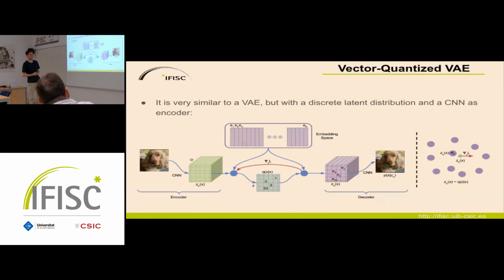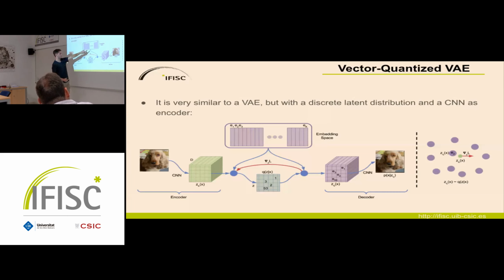In vector quantized autoencoders, it is a very similar notion, but we instead use a convolutional neural network for the encoder and the decoder, and for every spatial location we have a vector. So for every spatial location we will have a tensor, and for each vector in this codebook, we want to substitute it back in here.